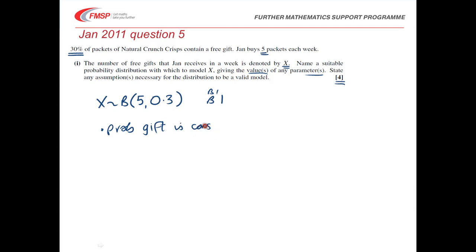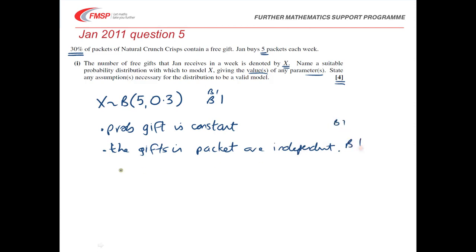It doesn't change. We also need to realize that the gifts in packets are independent. So the fact that you've got a gift in one packet doesn't affect the other. Okay, and they are the main conditions that we're dealing with the binomial. And again, you get a mark for each of those.